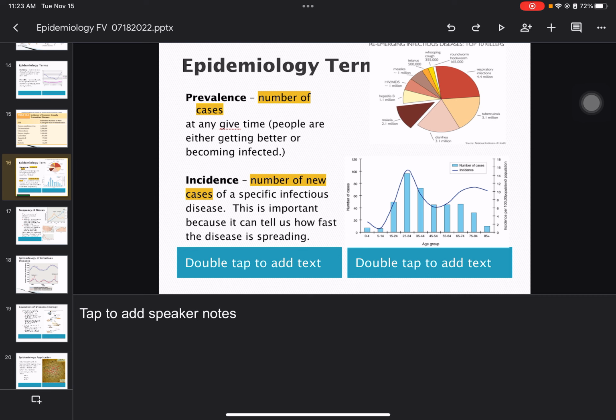But if I say something, Jen, for instance, the prevalence of gonorrhea on the UT campus is 50, but the incidence is 1, what am I saying? There's only 1 new case, so there's all these cases going on, but we're not really in the middle of an epidemic. Okay? So this is like a going rate. We don't usually give these as a rate, it's usually a whole number, right?